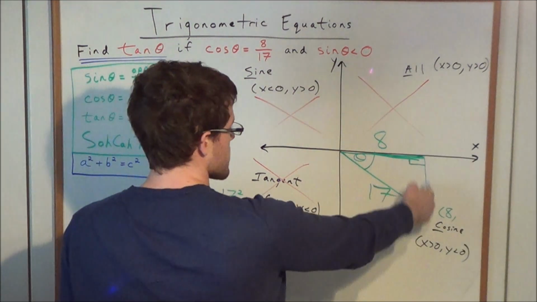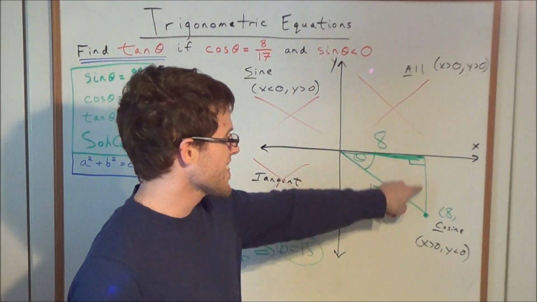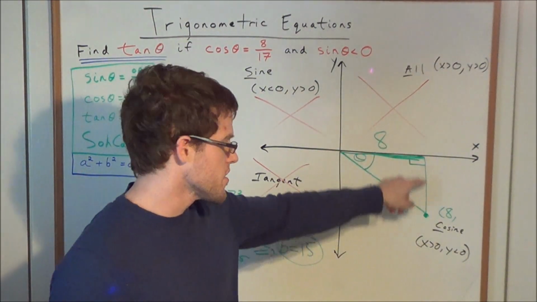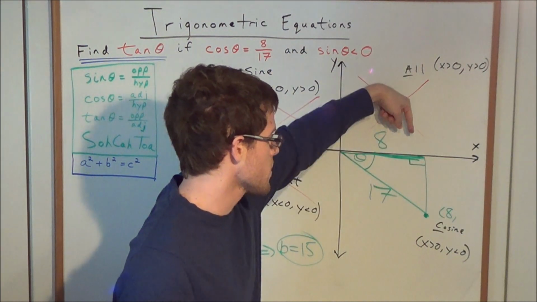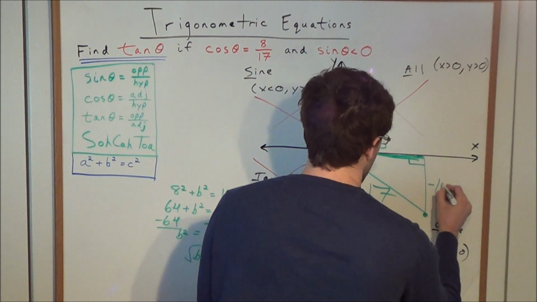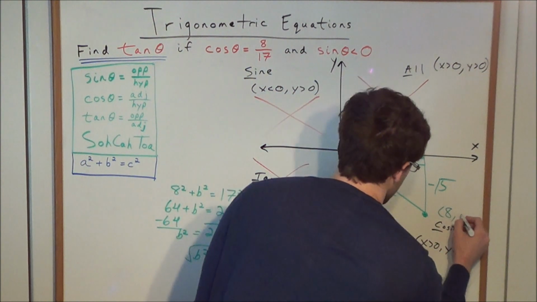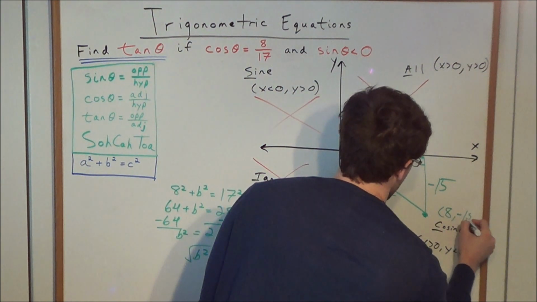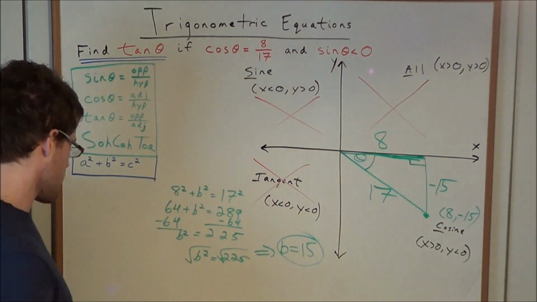So the missing side of this triangle is 15, but keep in mind this missing leg is our y-coordinate, because it's the vertical distance, and we're going down, so it's not a positive 15, it's a negative 15. That tells us that the point we wind up at is the point 8, negative 15. Now we're almost done.